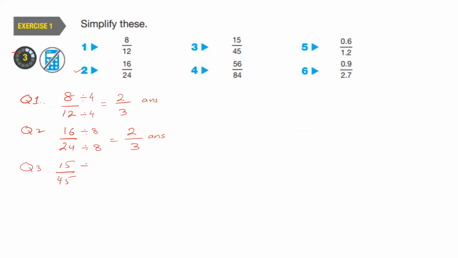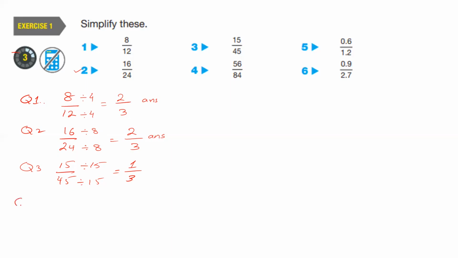But if we divide 15 and 45 by 15 itself, do we get an answer? 15 times 1 is 15, and 15 times 3 is 45. So our answer is 1/3.